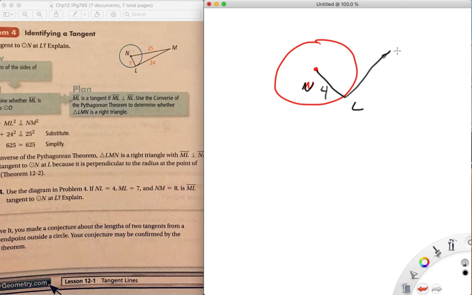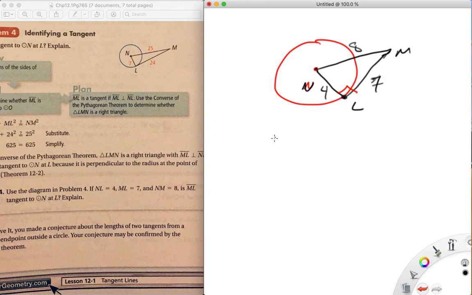No, ML is 7. And NL is 8. Do we have a point of tangency? So does this point here tangent to circle N?